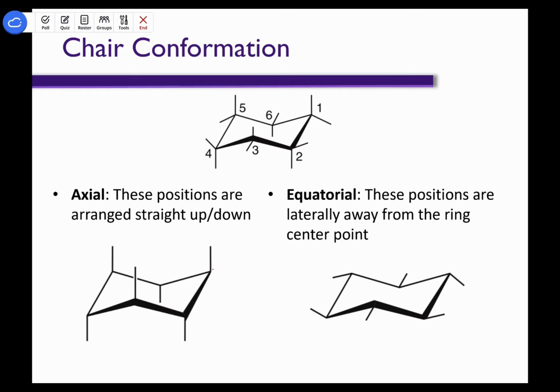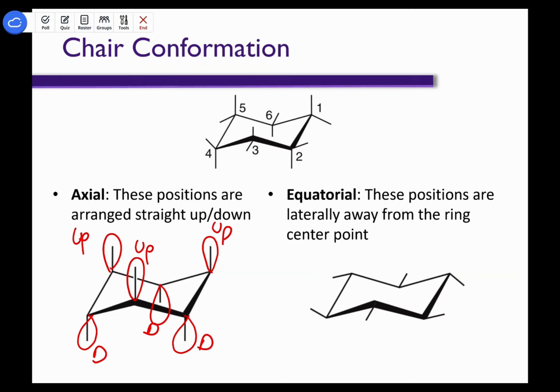The axials go straight up. See how they're on every second carbon? And the other carbons have a down axial. So up, up, up, and down, down, and down. Exactly 3 on my hand.